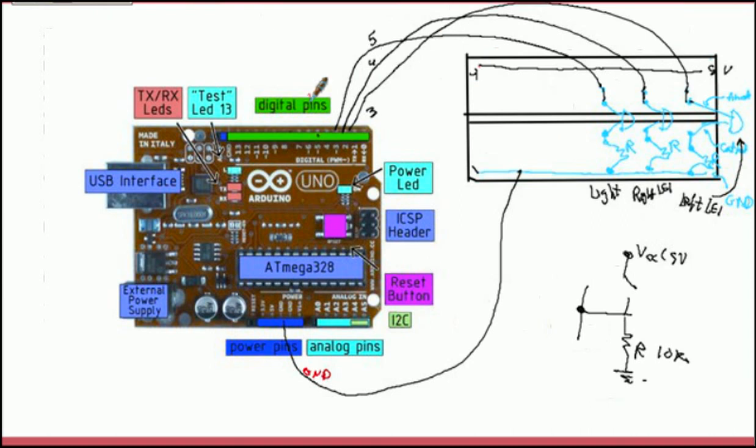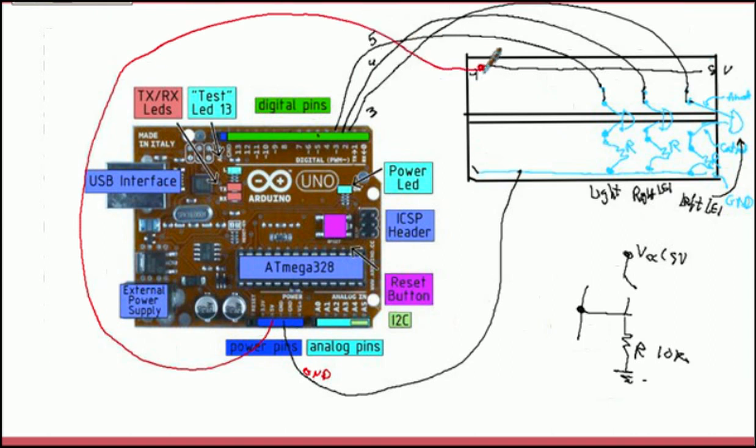This is my ground, and we use the VCC on the other side of the Arduino, for example, this VCC. I connect it to the breadboard just because it's easier. This is one line with many holes, I can connect many switches to the 5 volt line.